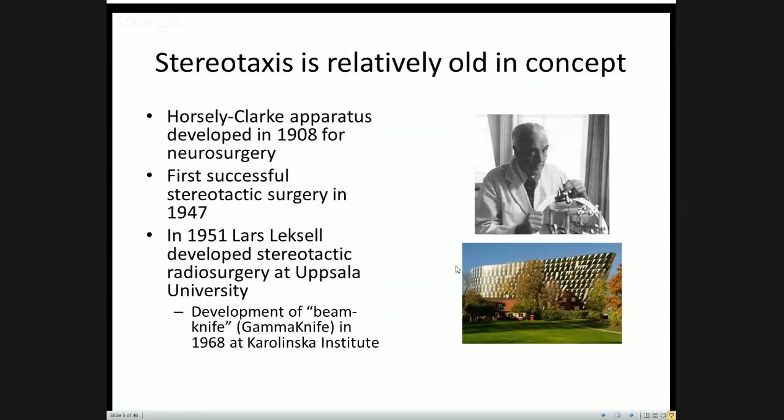In 1951, Lars Leksell, who's shown there in the upper right and is the father of stereotactic radiosurgery, came up with that concept at Uppsala University, and would later go on to develop the beam knife, which is what we now call a gamma knife, at the Karolinska Institute, shown there at the bottom right. So that was the start of SRS.